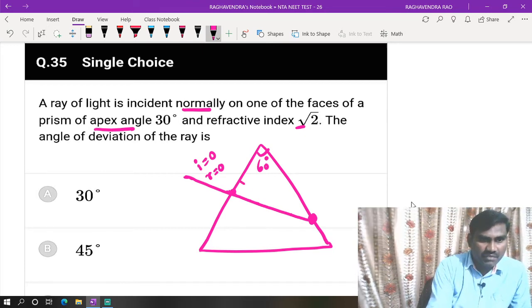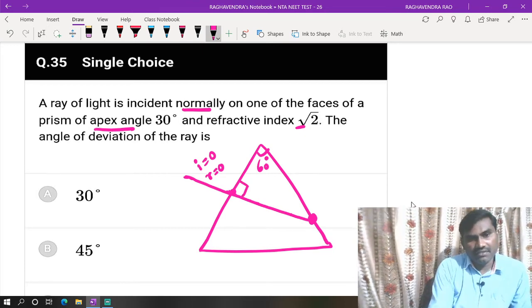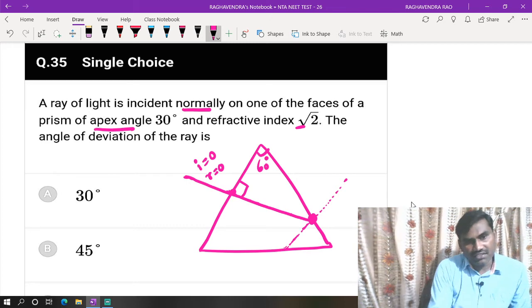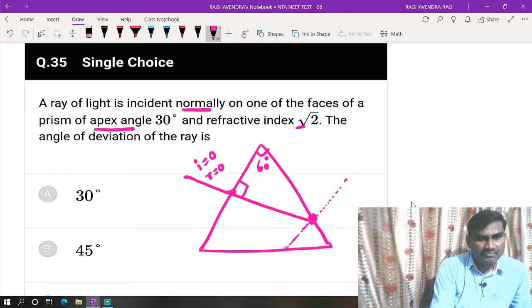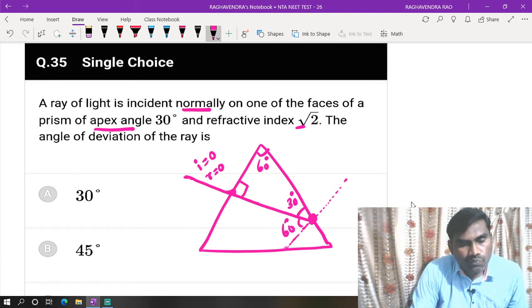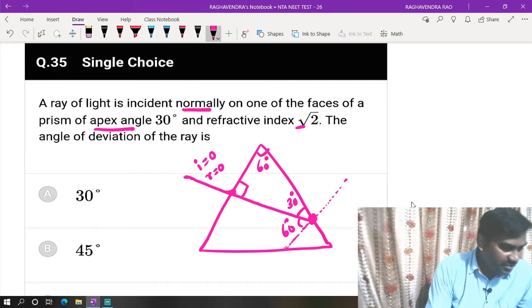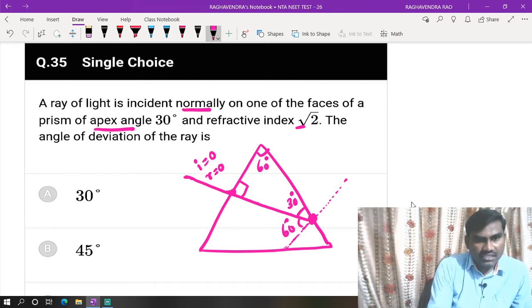Now as this is normal, we can take this as 90 degrees. From the second surface we can take this as the normal. At what angle is it incident? This is 90, this is 60, then it will be 30 degrees. Now this is again 60 degrees. So this will be 30 degrees and this is 60 degrees.